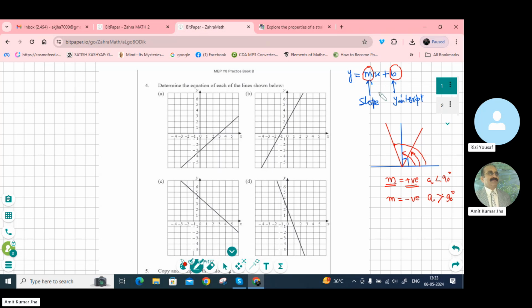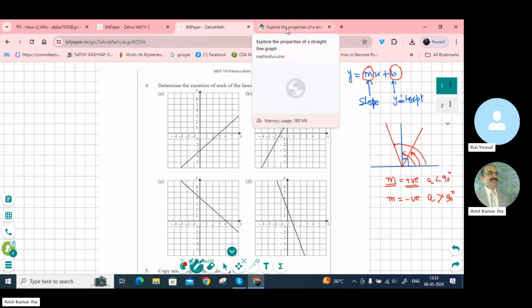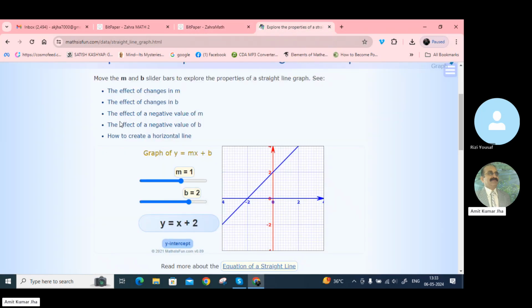Now in this question, first of all, let me once again come to exploring the properties. As I told you, this line is making less than 90 with the x-axis. When it is going to be equal to 90, it will be like this.